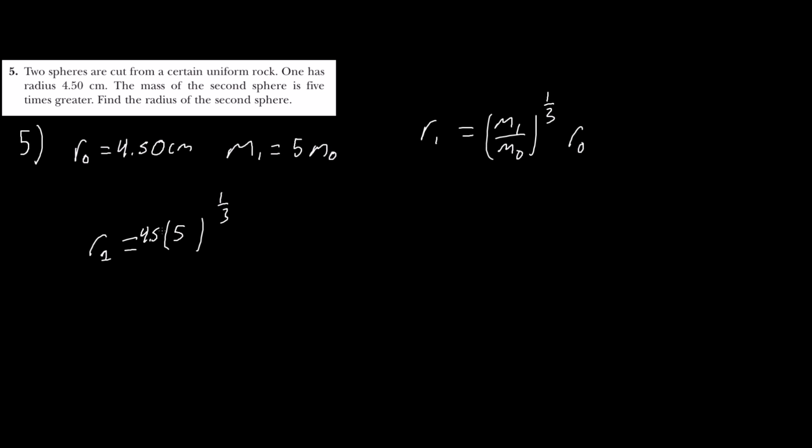So this would be 4.50 centimeters. And that's really the answer right there. So it's just 4.50 times 5 to the 1/3 root. And so the radius is going to be 7.69 centimeters. We're done.